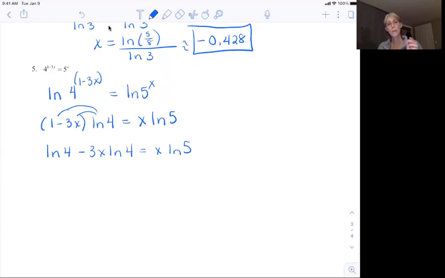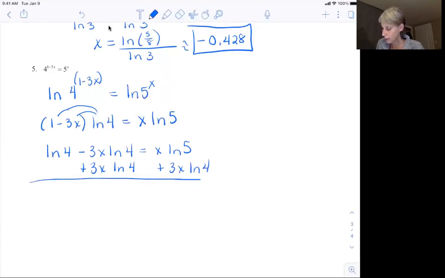I still want to get the x's on one side together, so I'm going to add the term that has the x in it over to the other side. Now, these are not like terms. So it's x ln of 5 plus 3x ln of 4.